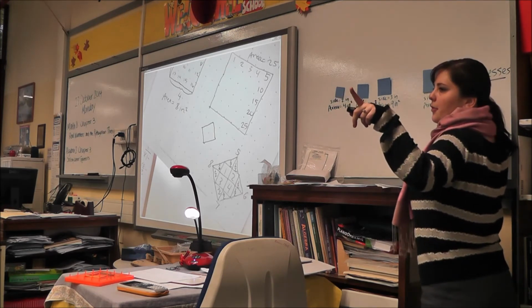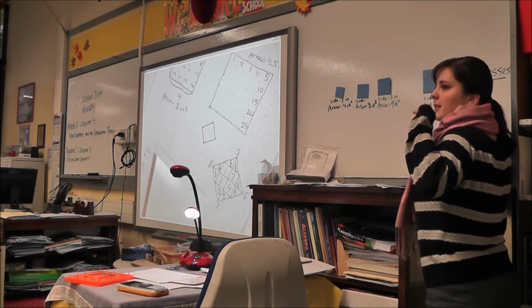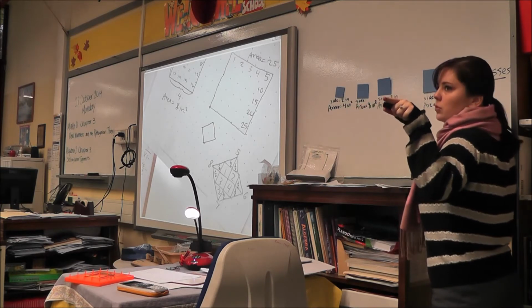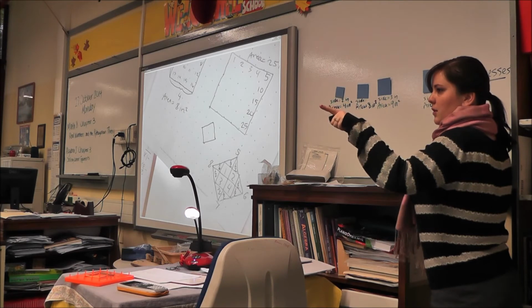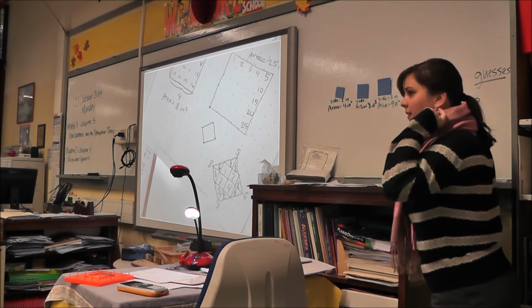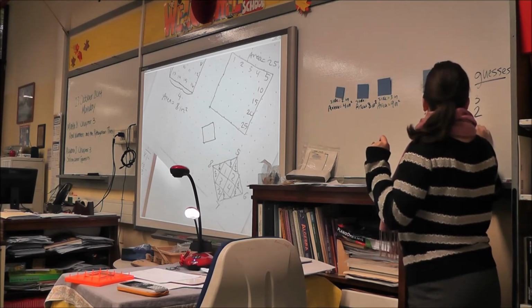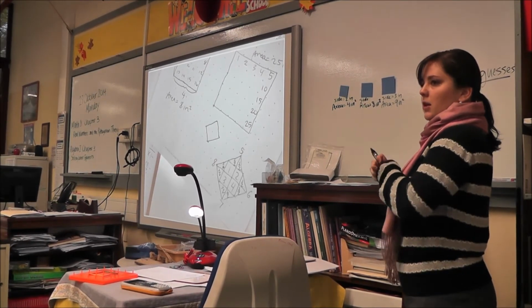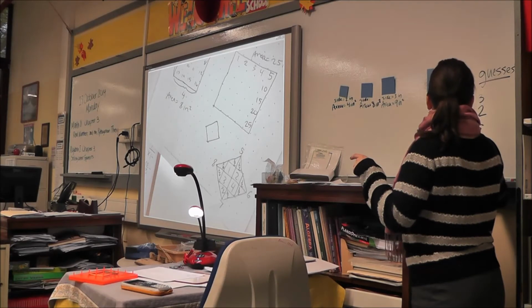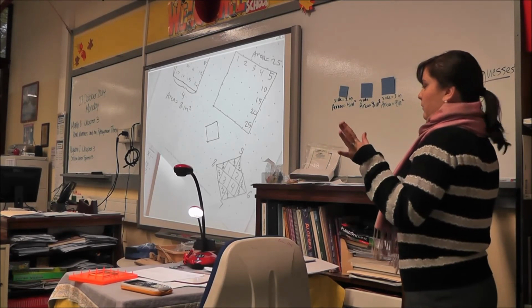Okay, someone said 3. What else? Someone said 2. What else? What do you think? Yeah, 4. 1/2? No, I don't think that's right. Any other guesses? Somebody said 4. 2.5? 4 and 1/2.